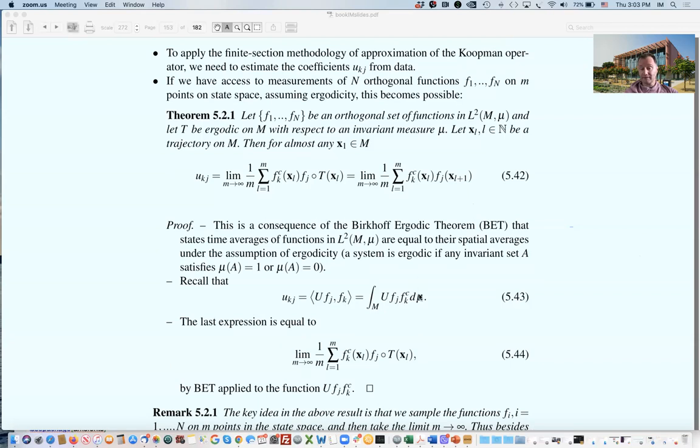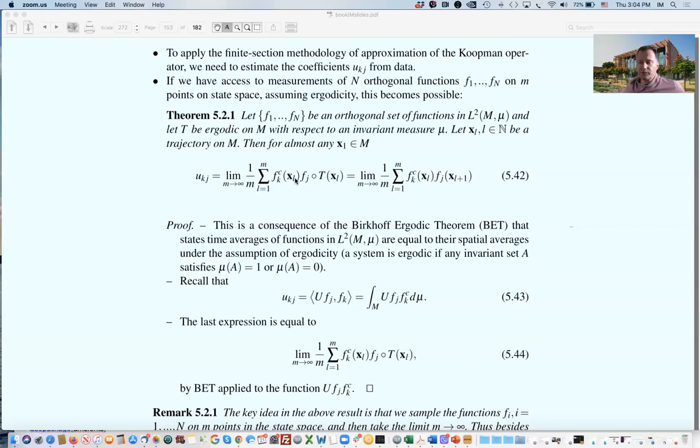It's actually quite an important point, because if you have an invariant measure that is 0 everywhere except on some attractor, then the only thing that this procedure and the finite section method can reveal is eigenfunctions that are defined on the attractor, that are non-trivial. They're not defined off the attractor, maybe 0 on the attractor.